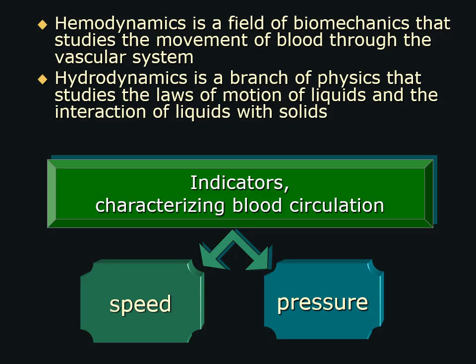A real liquid has a viscosity, that is, a moving liquid always experiences friction, the so-called internal friction, that is, resistance from other stationary structures, for example, the walls of a pipe or the walls of vessels.